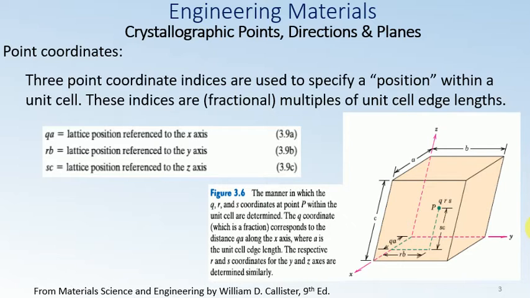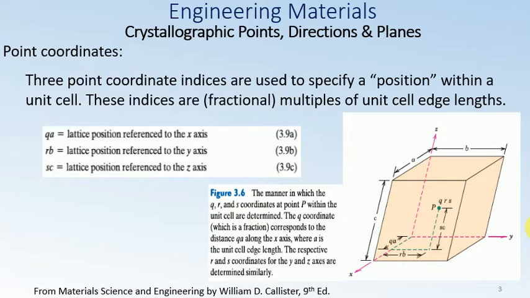Point coordinates. You see here in figure 3.6, shown in the right bottom corner of the slide, that there is a cube and its edge lengths are a, b, and c along the x, y, and z axes respectively, and there is a point P located at a certain position within the cube.